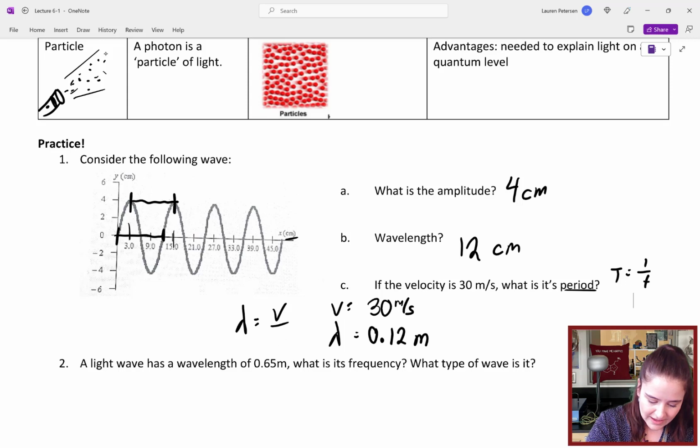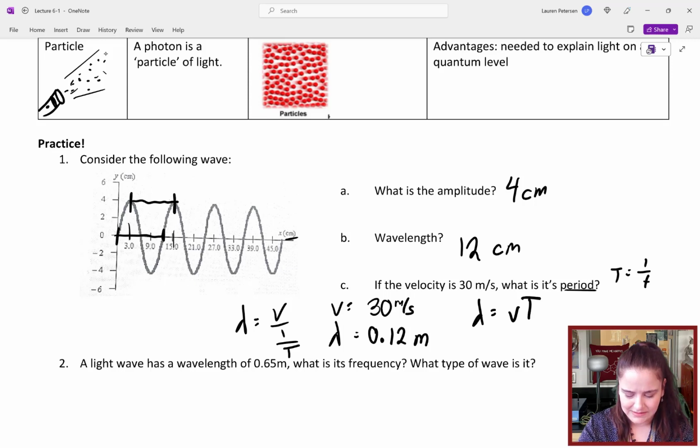So if I put that in, my equation becomes wavelength equals velocity times the period. The distance that a wave travels equals its speed times how long it takes. It's just distance equals rate times time. That's all that equation is telling you.